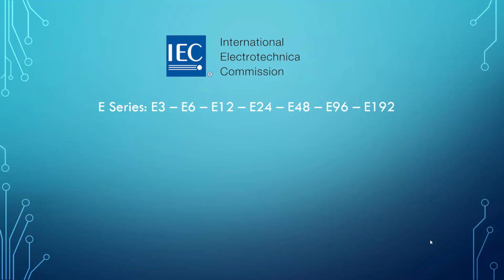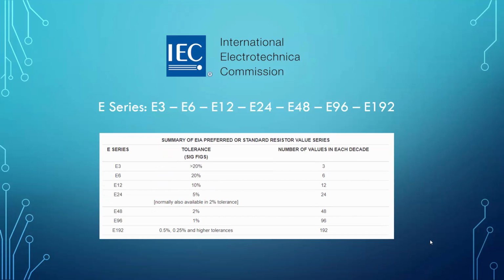Subdivisions of E3 to E192 ensure the maximum error will be divided in order of 40%, 20%, 10%, 5%, 2%, 1%, and 0.5%. Also, the E192 series is used for 0.25% and 0.1% tolerance resistors.